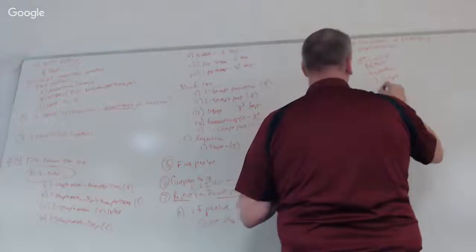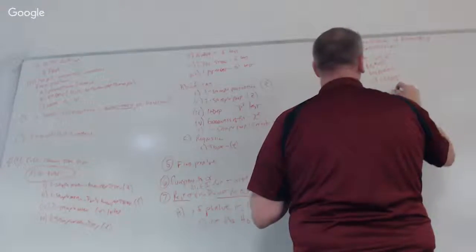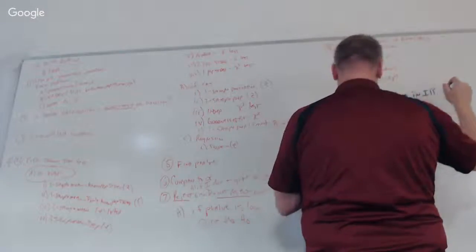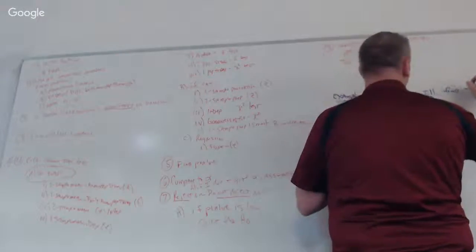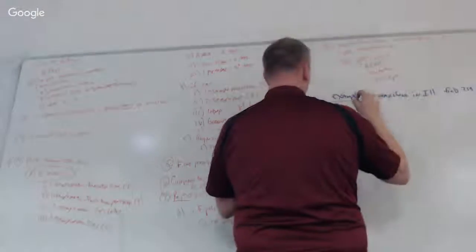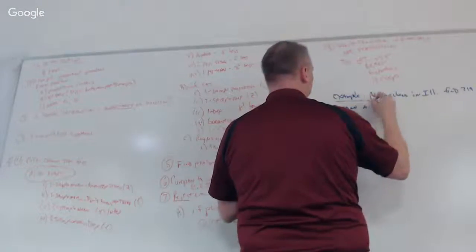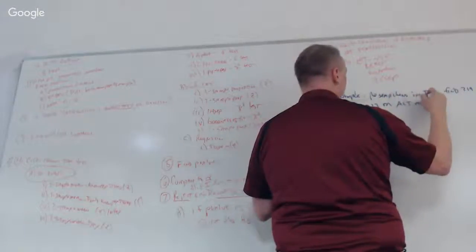Okay, researchers in Illinois find 219 of 500 earn a 22 on the ACT math test.